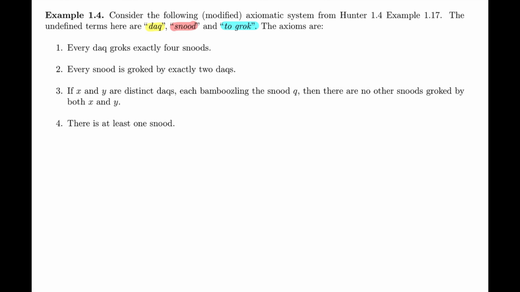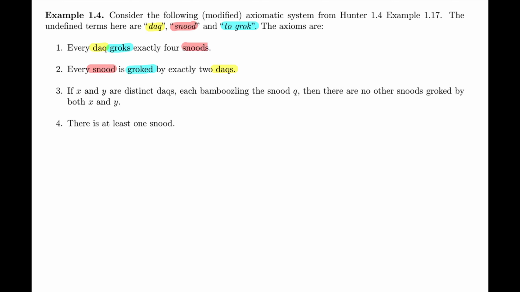And then we've got these 4 axioms. The first one says that every dak groks exactly 4 snoods. Okay, so we've got a dak and it's grokking exactly 4 snoods. Okay, we're also told that every snood is grokked by exactly 2 daks.